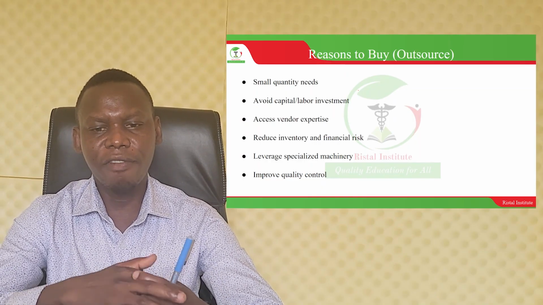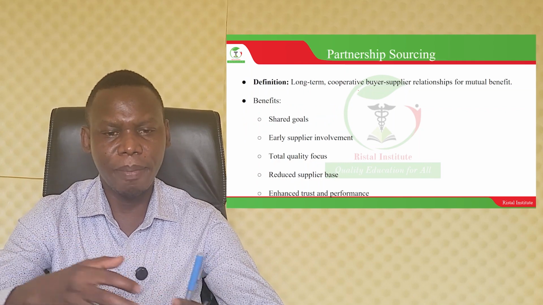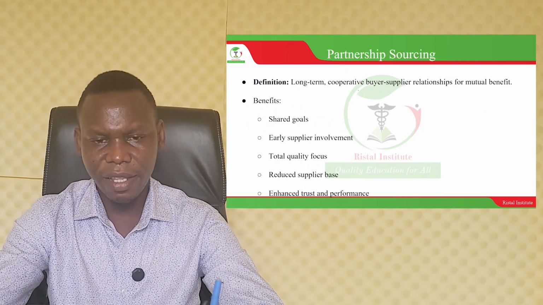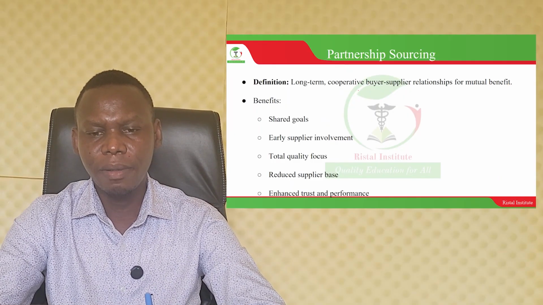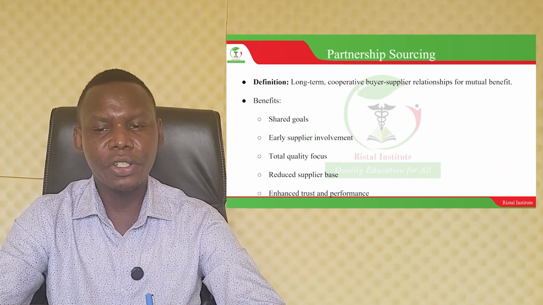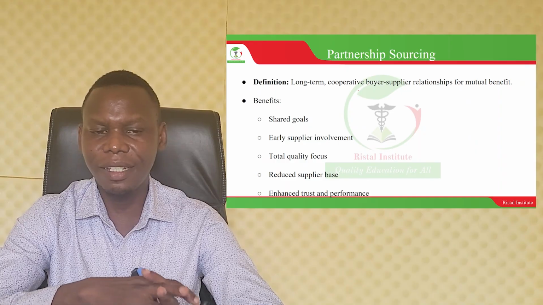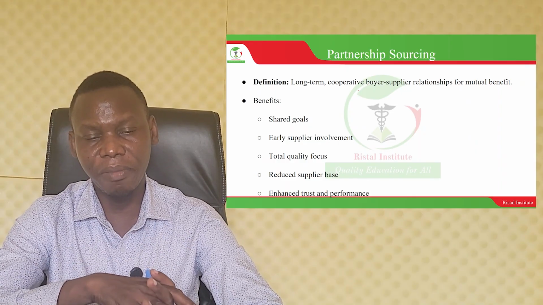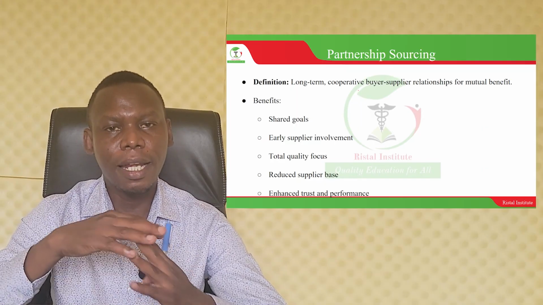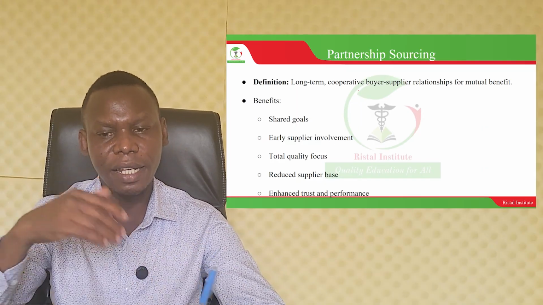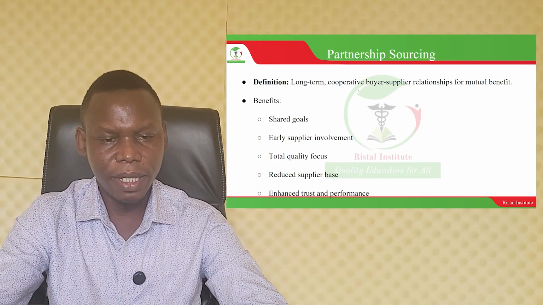Obviously, in sourcing, we also have partnership, because for the sourcing to go smoothly, there must be a partnership, and we define that as a long-term cooperative buyer-supplier relationship for mutual benefits. Of course, that is a binding relationship made at a strategic level of decision-making, binding this buyer and the supplier in a long-term period and for mutual benefits, each of them to benefit, in other words.